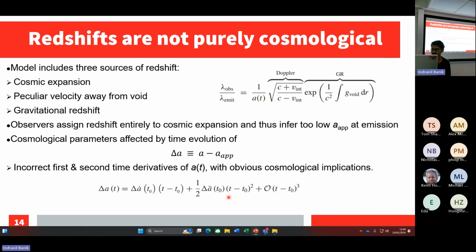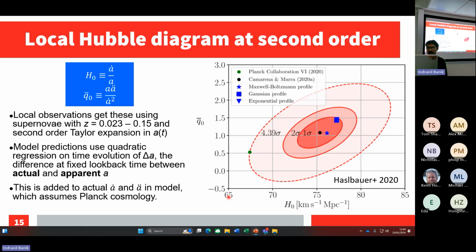But what we did then is we fit the pattern of delta A predicted by a model to get the time evolution of delta A, as a parabolic fit. And then we added that onto the A dot and A double dot that you have at the background level.